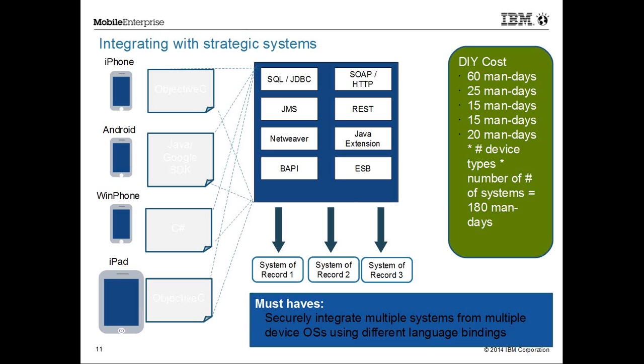Now, you will have to individually write the adapter for these mobile operating system versions, installable for these operating systems, to talk to the systems of record independently. So I will need to write an adapter in Objective-C, which makes my iOS backend talk to my core system.